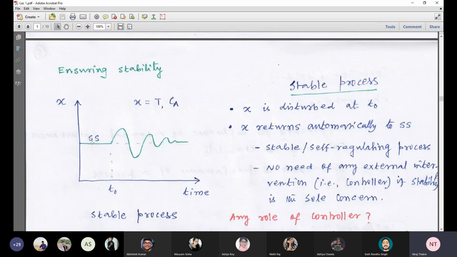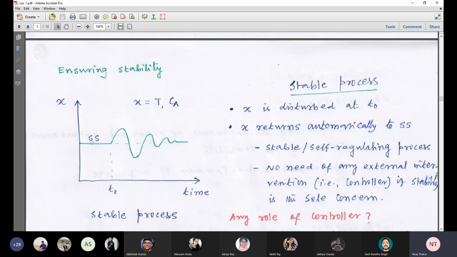I repeat, first we start the process, then we bring that process to steady state condition. The time required from starting to achieving steady state is called startup period.